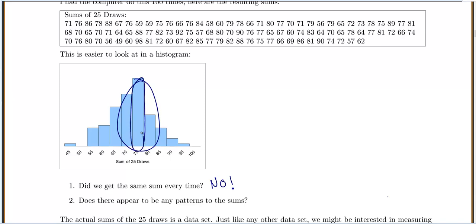The bulk is kind of 75 to 80. Okay, what else do you notice when you look at this? You might notice that it kind of looks like a normal curve.